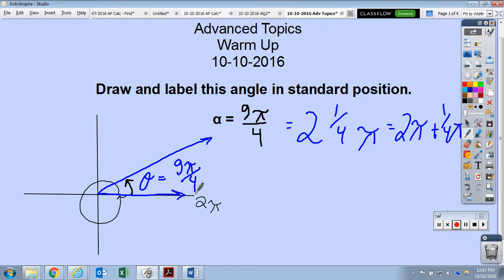For example, there's an example here, 9 pi over 4, which is this exact same problem. They show the spiral going around, all the way around, and then a little bit more, pi over 4, where you have to go 1 full 2 pi and then pi over 4 more, and they graph it like this. And that would be it. Draw and label this angle in standard position.